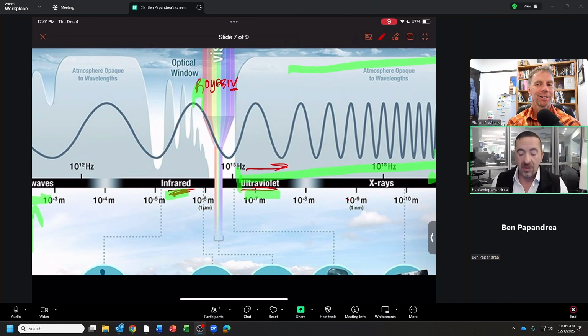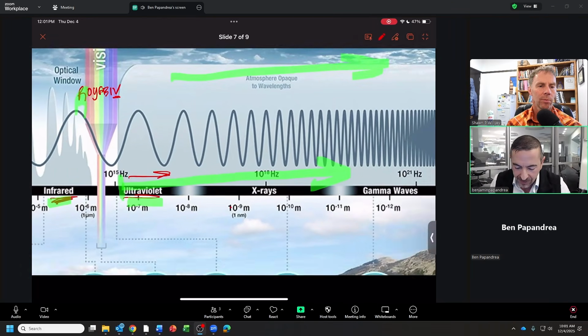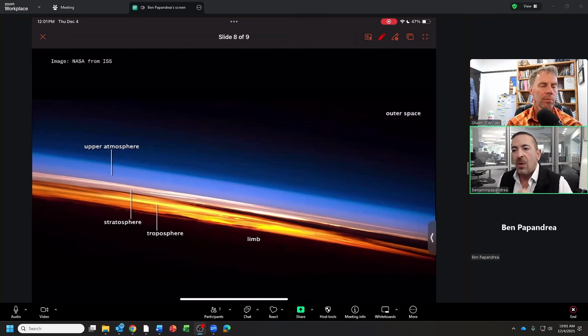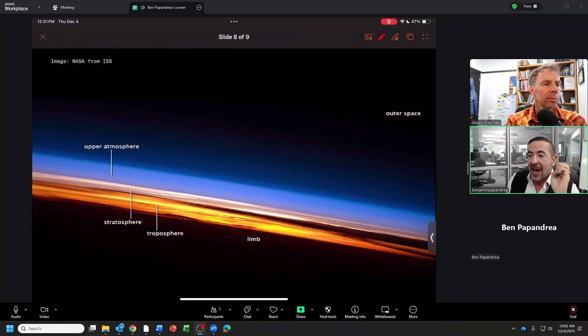All right, now let's go back to scattering. Remember the visible light? Let me zoom back out here. Now, as light enters the atmosphere, it more effectively scatters violet and blue.